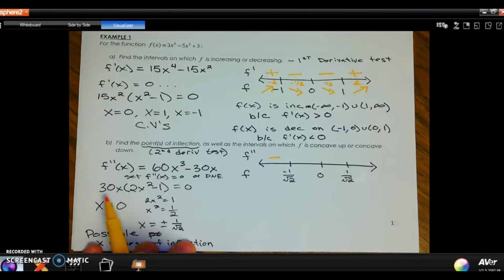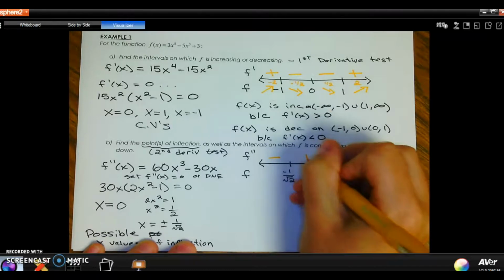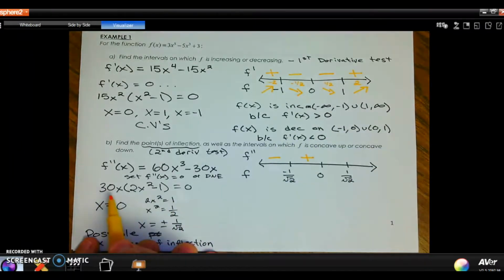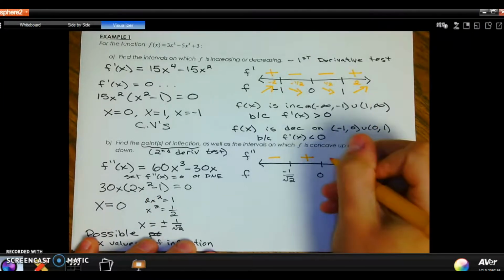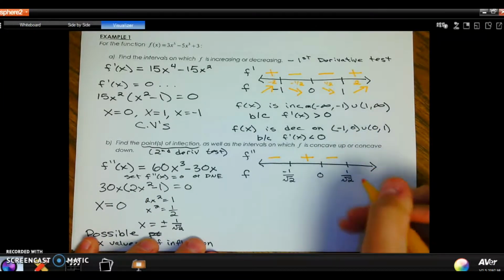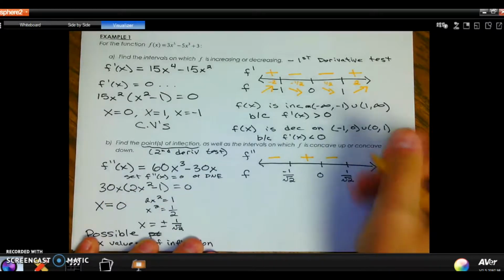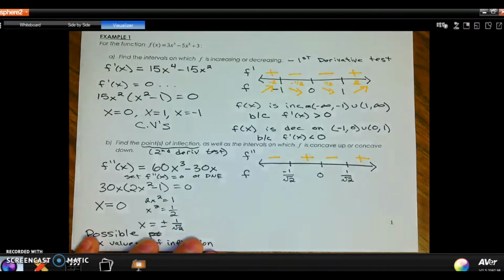So that's going to be a negative, and this is going to be a negative, because negative 0.01 squared is really little, right? And if you subtract 1, that's going to be negative. So you have a negative with a negative, so that's going to give you a positive there. Very similarly over here, only you're going to have a positive times a negative, which would be a negative. And if you plug in a number like a 2, that'll be positive, so you get a positive out there.